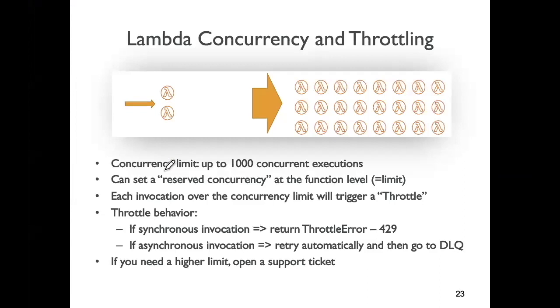Now, when I started talking about Lambda last week, I said that it scales automatically based on usage, as in the more traffic that is hitting your Lambda, it scales up. And then when that traffic starts to decrease, it scales back down again. So the little picture here is illustrating that. Supposing I've got this Lambda function, and let's say there are two concurrent requests targeting this particular Lambda function.